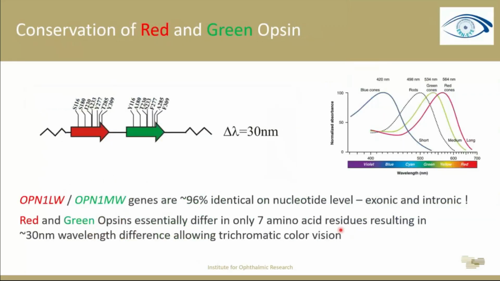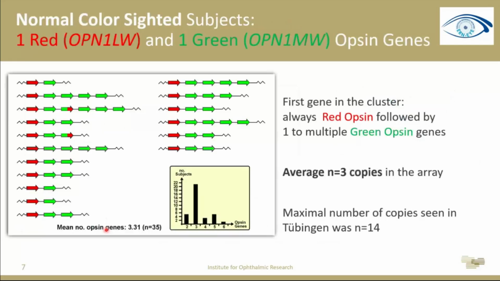It's important to understand that the OPN1LW and OPN1MW genes are about 96% identical, both on the exonic and intronic nucleotide level. If we look at the protein, they only differ by about 7 amino acids that more or less give a wavelength shift of 30 nanometers. And that enables us, together with the S-opsin, to have trichromatic color vision.